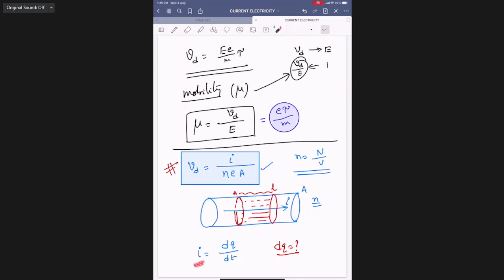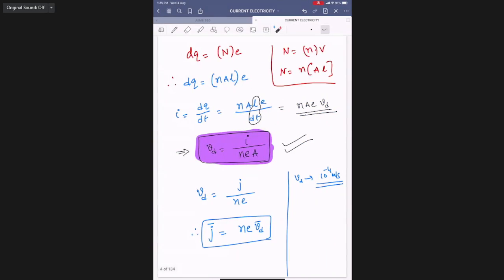What is actually current? The amount of charge passed through a given area of cross section per unit time. I want to find the charge. dq is the total charge.